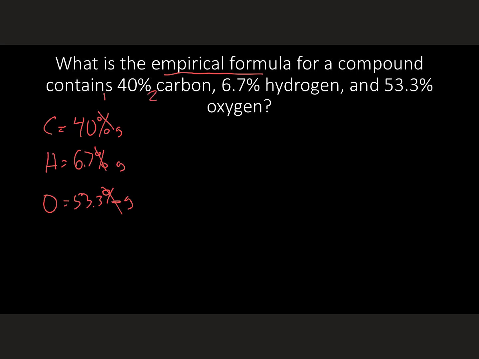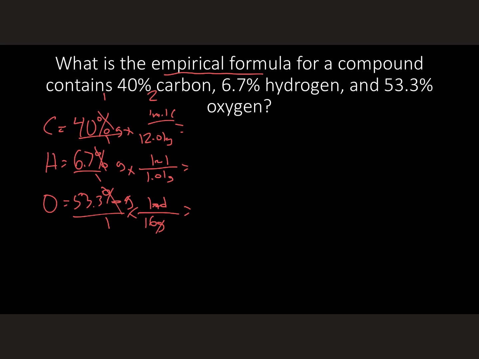Second step, convert to moles. So 40 grams over 1, and there's 12.01 grams in every 1 mole of carbon. Hydrogen is 1.01 grams in every 1 mole. And then oxygen is 16 grams in 1 mole. So units will cancel, and we're going to see how many moles we have of each one of these.